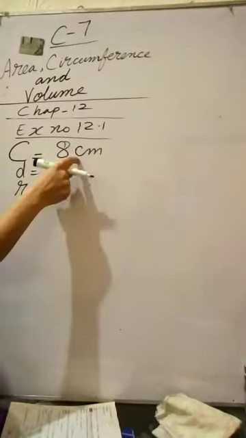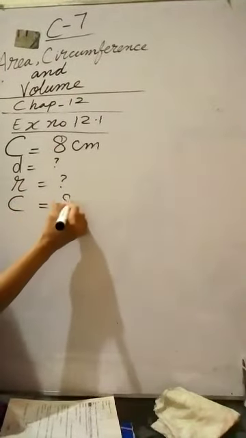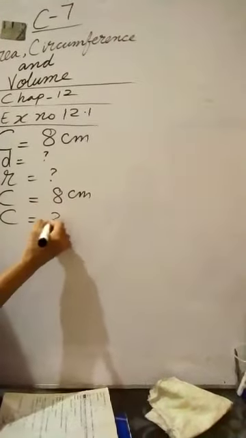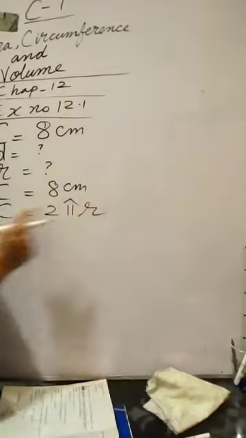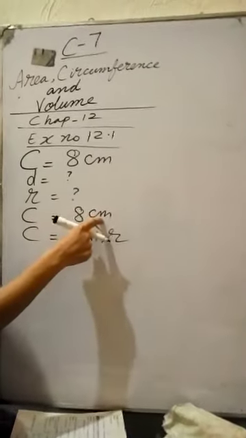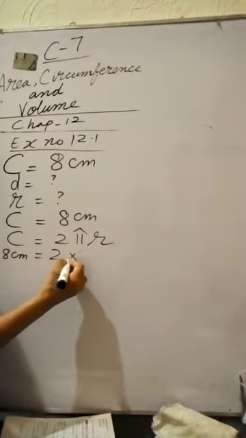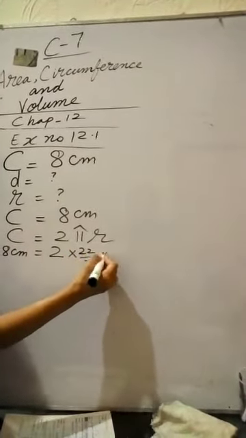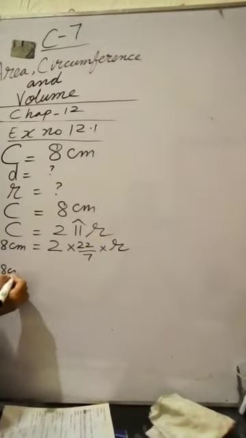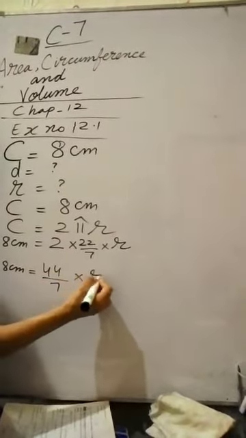Put the formula for circumference, and write the given circumference value under it. 2 for the formula, pi value is 22/7, r we need to find, so write it as it is. Now 8 centimeter equals 44/7 multiplied by r.